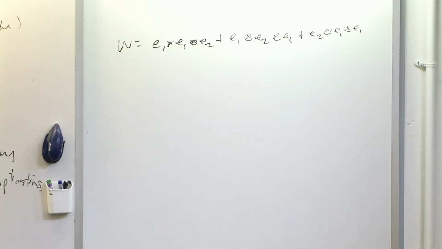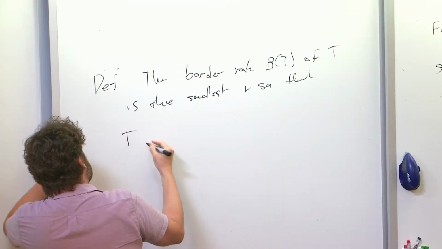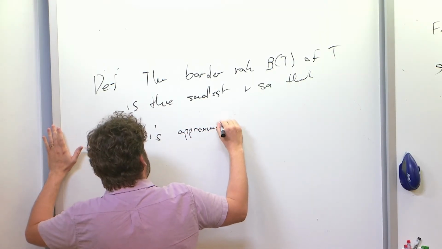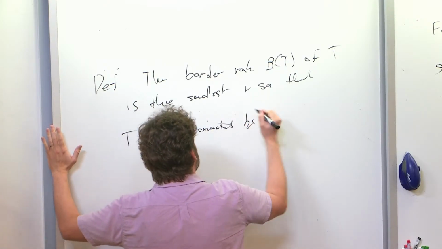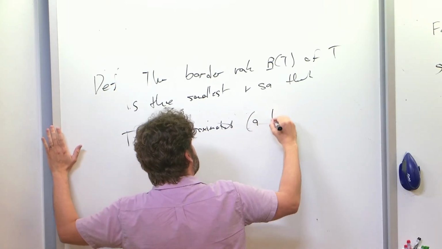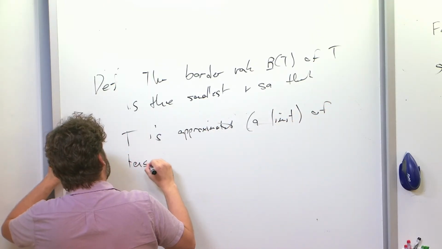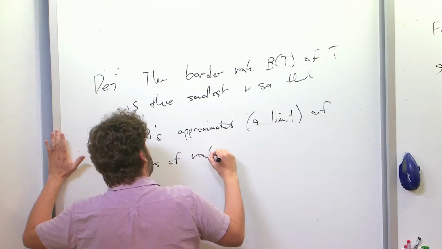The border rank of T is the smallest R so that T is approximated by, and maybe I'll be more precise, is a limit of tensors of rank R.